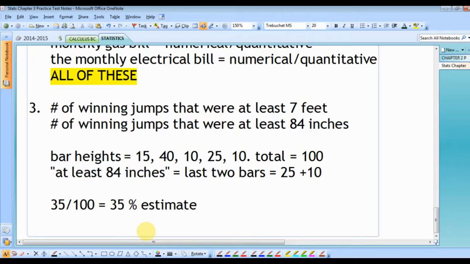So 45 of the winning jumps were greater than 80, and 35 of the jumps were greater than 85. So the percentage greater than 84 should be somewhere between 35 and 45, and based on your estimate, it's probably closer to 35 than 40.